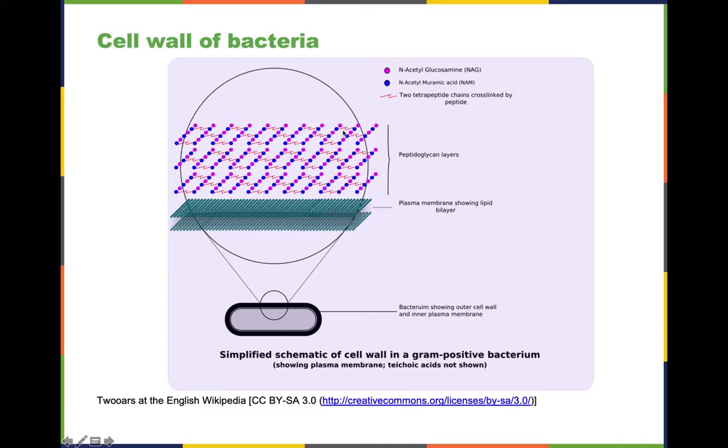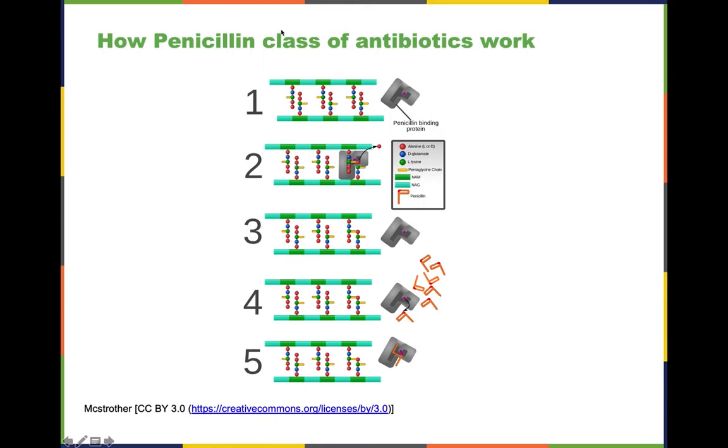These peptide chains are really important for holding these layers of peptidoglycan cell wall together. It's essential for survival of the bacteria. Which brings us to the discussion of an antibiotic, which is penicillin.